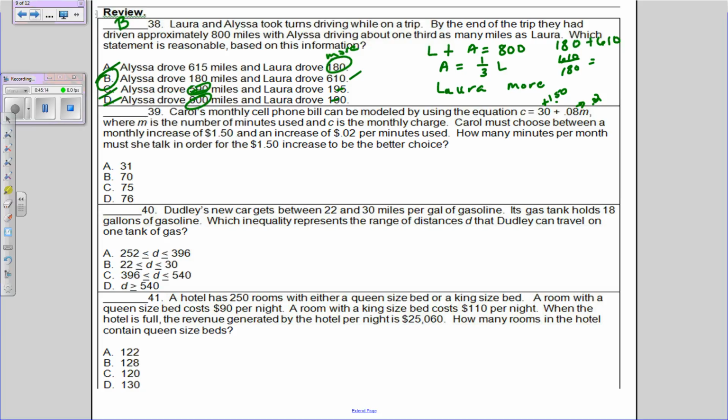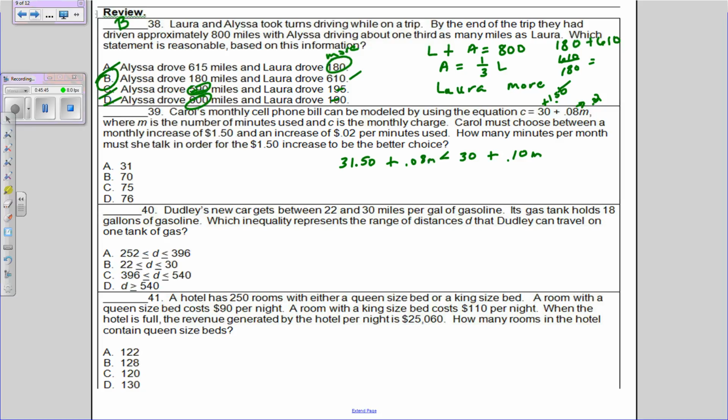So when will this one be the better choice? So we'll say when is 31.50 plus we would keep the 8 cents a minute less than 30 plus the 10 cents per minute added on the back, and that's what we would solve. So first, oh, and these have minutes with them.